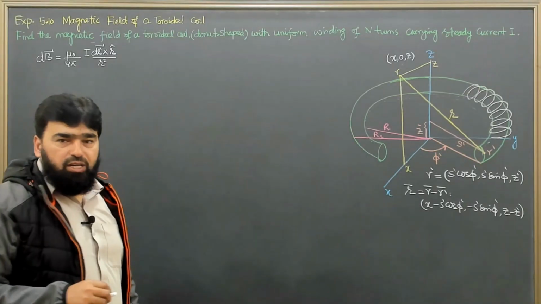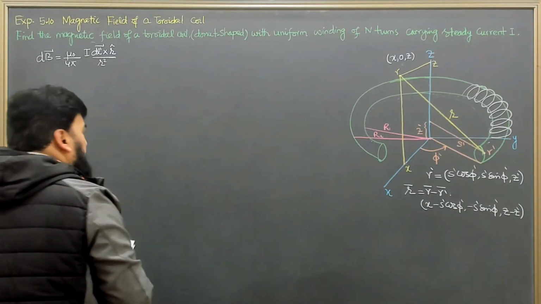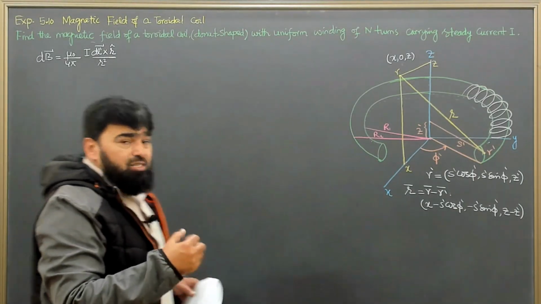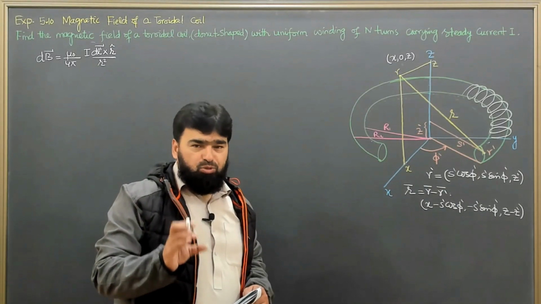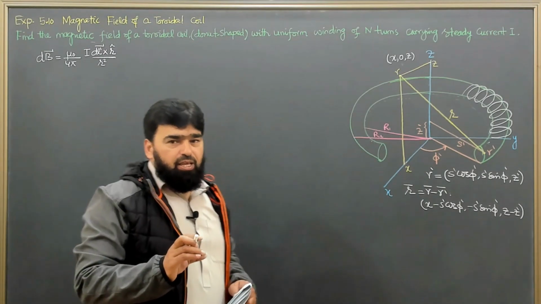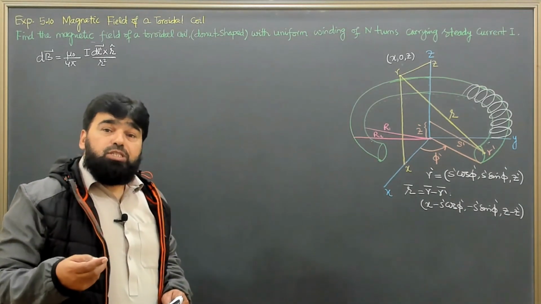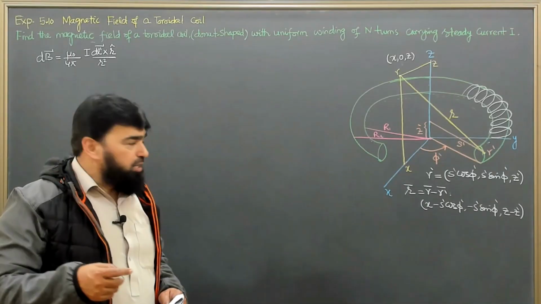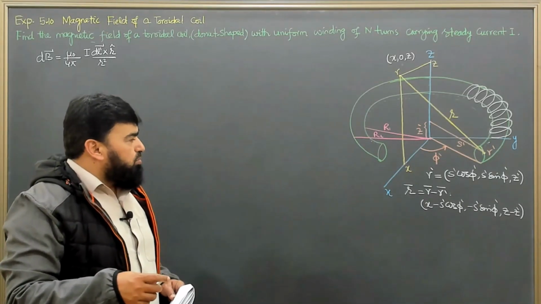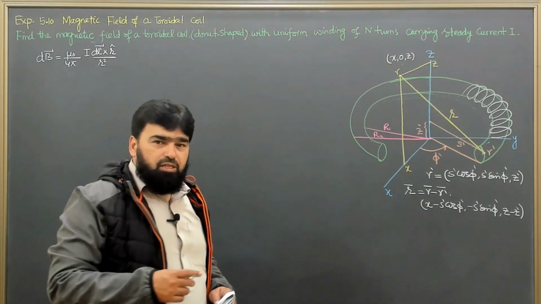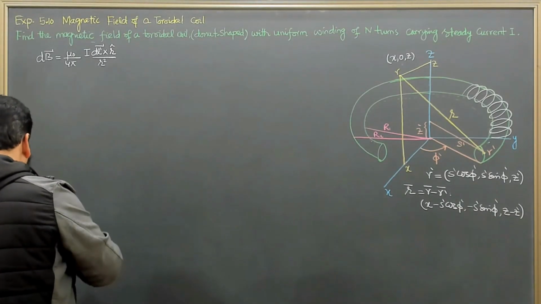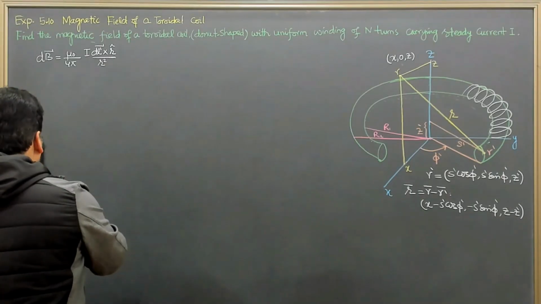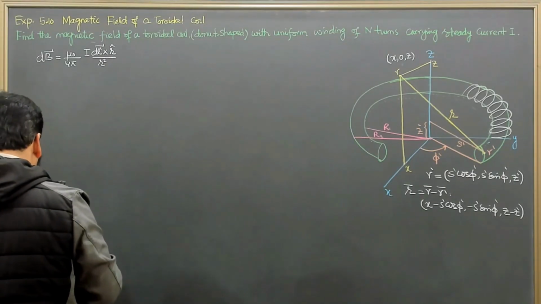So from the sense of the problem, it is clear that only the azimuthal field survives. But we will have to prove this mathematically, and for that we will go through some rigorous geometrical calculations. Let's start with that. So we have the coordinates here.